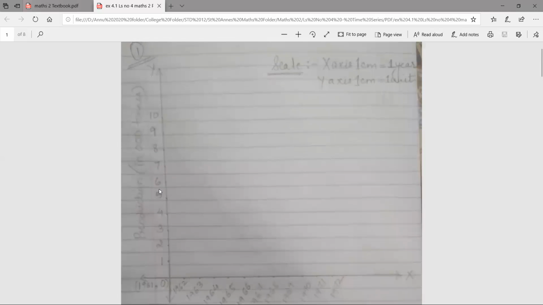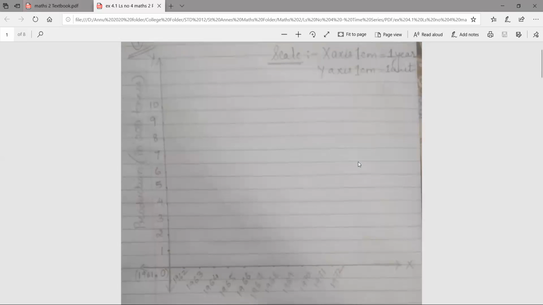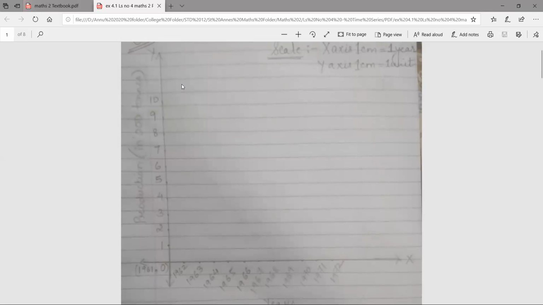As you can see, for the x-axis I have given the name years, and for the y-axis production in 1000 tons. The next most important thing is you have to give the scale. I have written that on the x-axis 1 centimeter denotes 1 year, and on the y-axis 1 centimeter is 1 unit, as I have taken the values from 1 to 10.